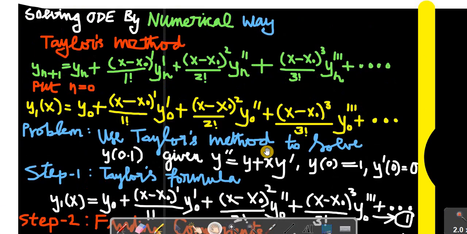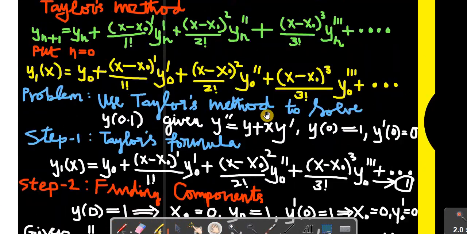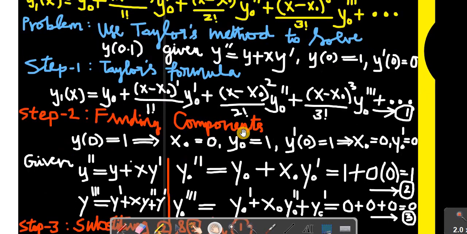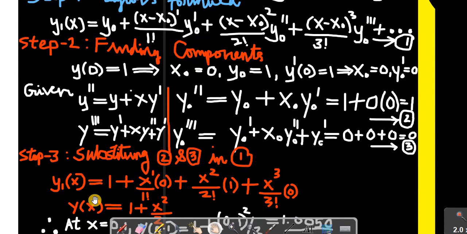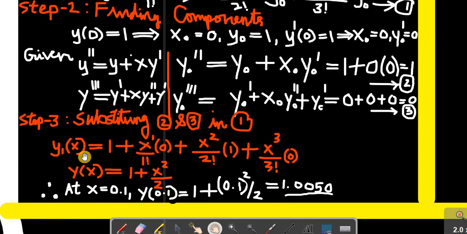So actually what we do here is, for this second order differential equation, we can make the corresponding y of x. From that y of x we substitute the value and we will get the corresponding y value. This is what we are doing.